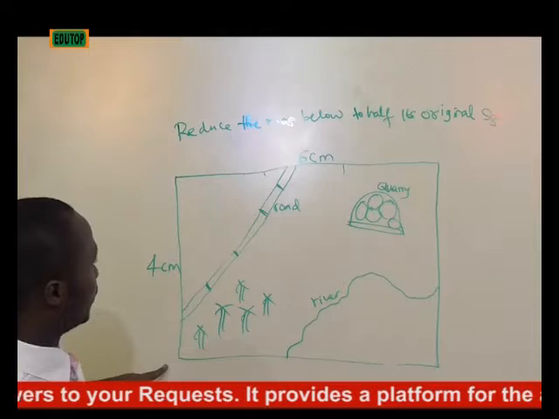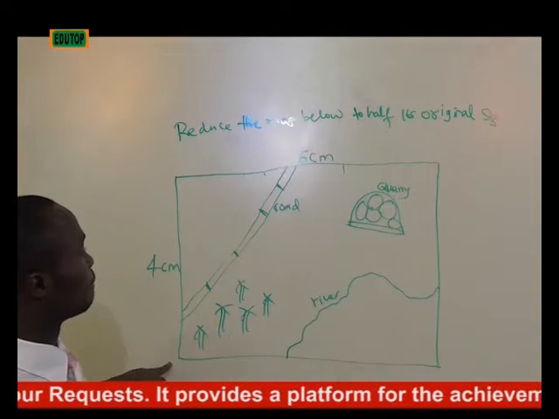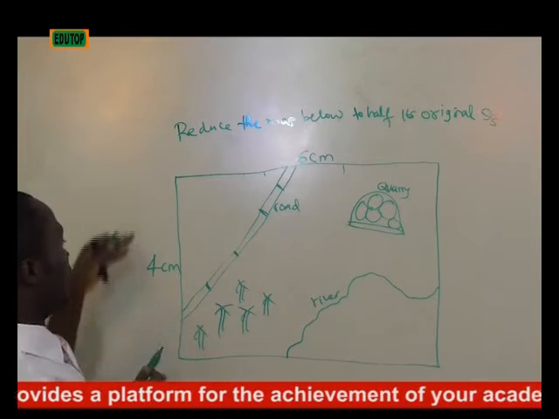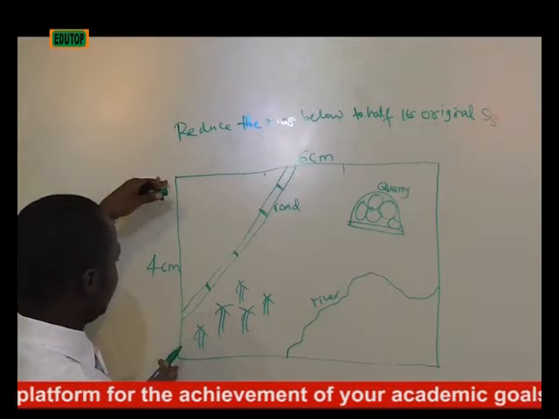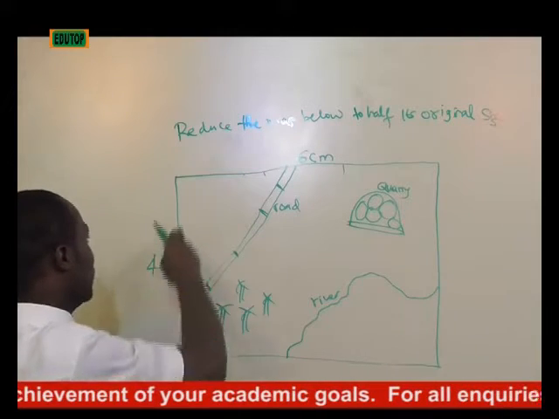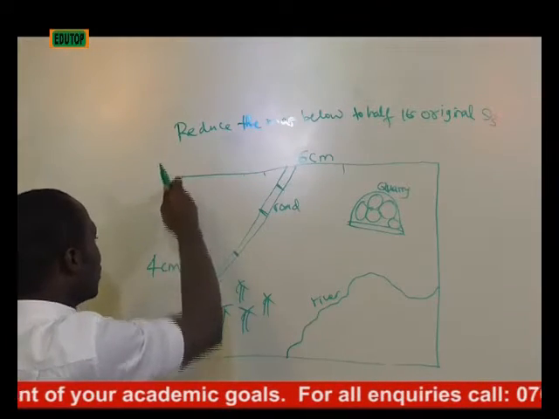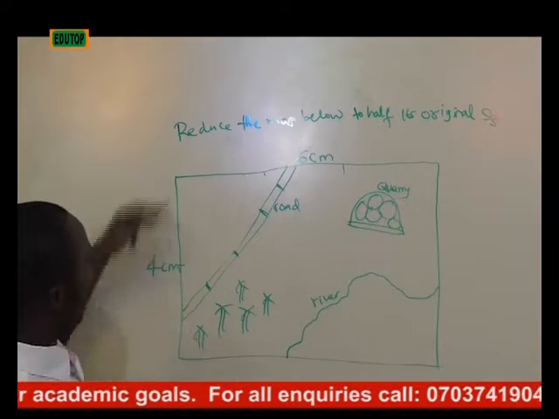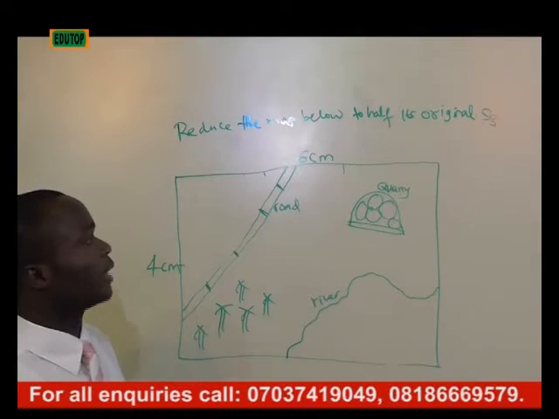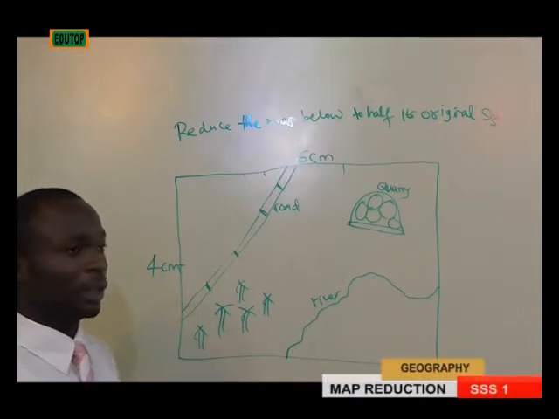And the breadth of the map here is 4 cm. To divide 4 cm equally will be 2 each. So that means you measure 2 cm and mark out the point, and you have done your gridding.